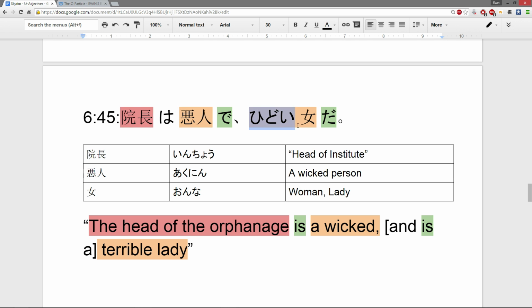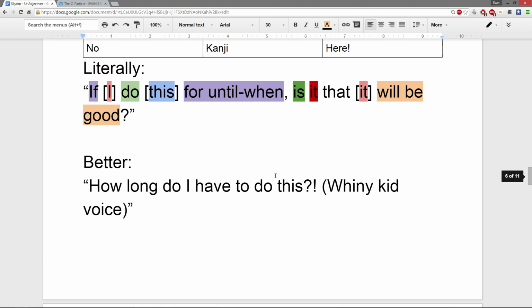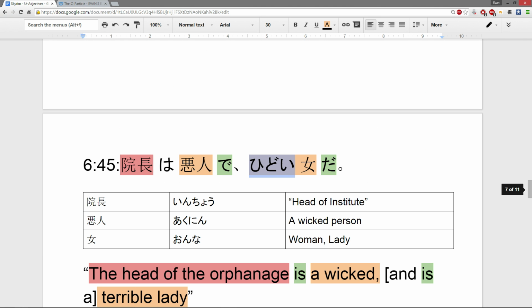Akunin de hidoi onna da. So hidoi, now we're finally using an i-adjective not as a complement, but directly modifying a noun. Notice hidoi onna, this is together. We have an i-adjective right here and it goes right into a noun. Not only that, but akunin is kind of an adjective. I'm not sure if it's actually a na-adjective because I didn't bother checking. It's either a na-adjective or a noun, but na-adjectives and nouns operate very similarly.